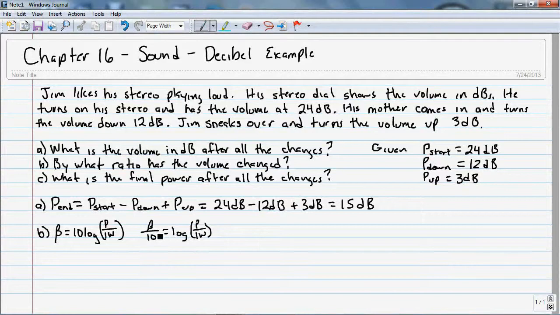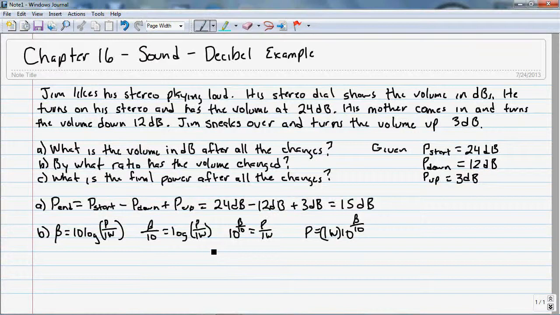And to get rid of the log, I have to raise both sides to the 10th power, 10 to the beta over 10 is equal to power over 1 watt. So that means that the power is equal to 1 watt times 10 to the beta over 10.